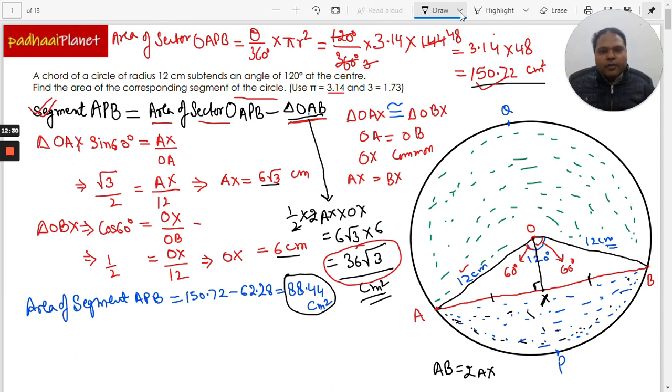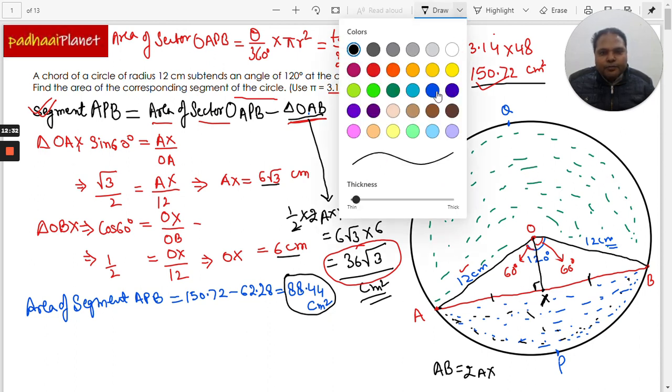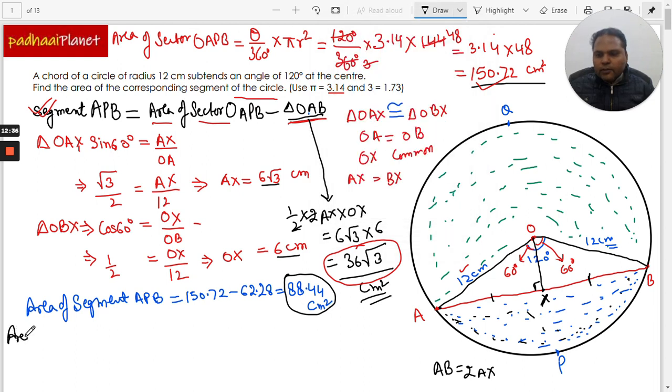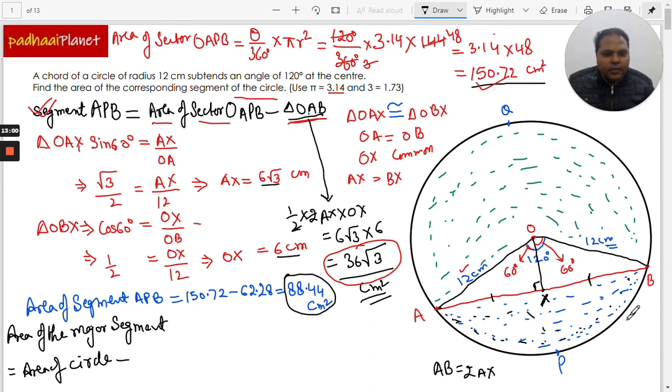And now we need to find out the area of the major segment. So the area of the major segment is equal to the area of the circle minus the area of the complete sector, which is again this, right?